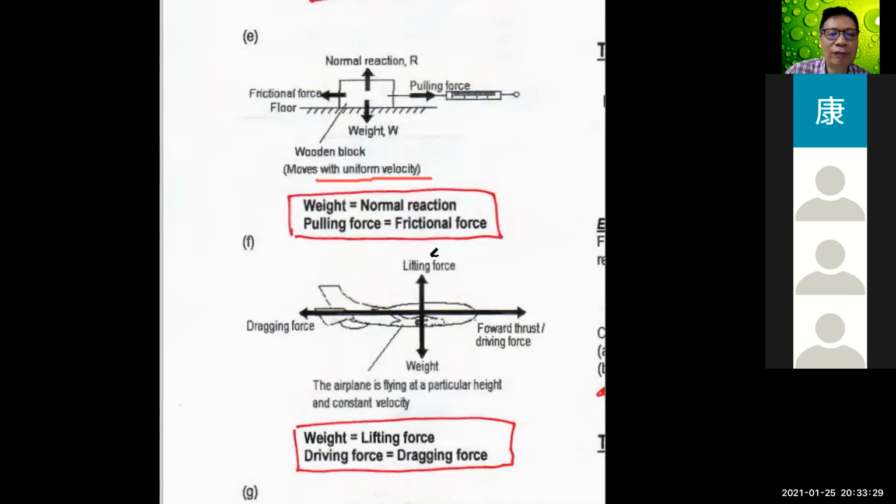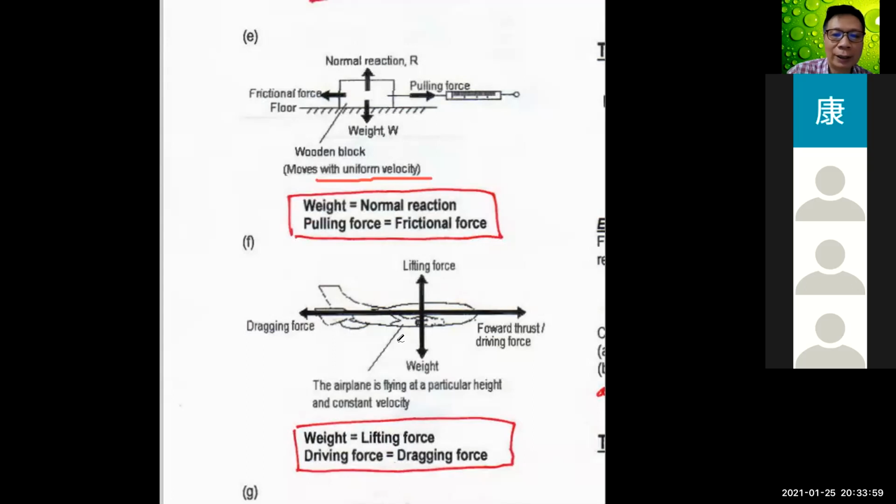When all the forces are totaled up, it becomes 0. The lifting force is the same as the weight, opposite direction, cancel out, so becomes 0. One goes to the right, one goes to the left, same, cancel out, so the net or resultant force is 0. Weight and lifting force are the same, thrust and drag are the same. So when forces are in equilibrium, there are two conditions.